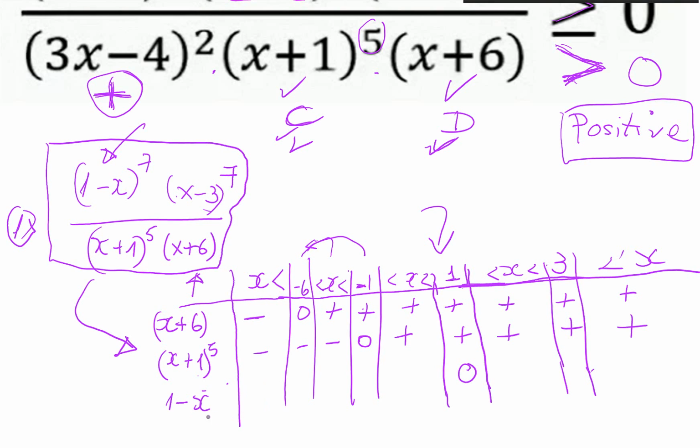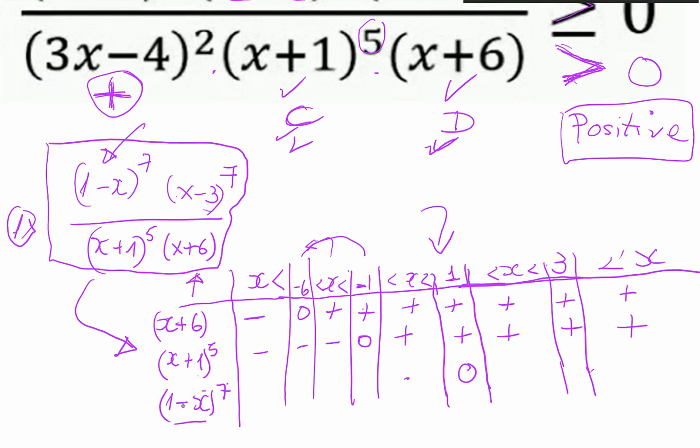When x equals 1, it gives 0, 1 minus x to the 7. What happens with the values of 1 minus x when you are to the left of 1, or negative numbers?